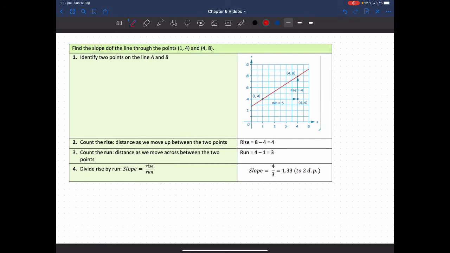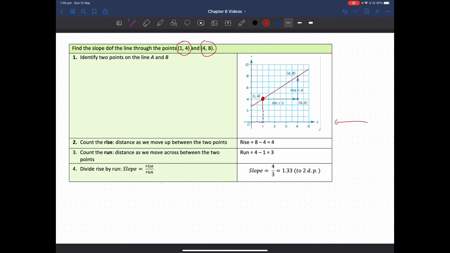Here is an example. Find the slope of the line through the points 1, 4 and 4, 8. So first thing we do is we identify our 2 points. We have the point 1, 4 and the point 4, 8. So we have drawn an axis. 1, 4, we go across 1 horizontally and up 4.